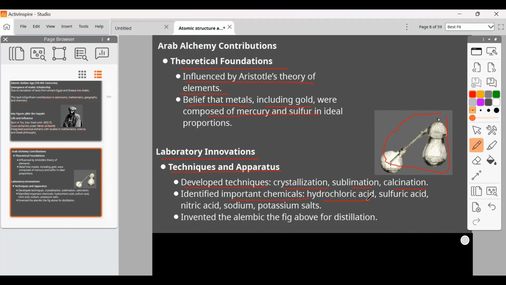Jabir ibn Hayyan is credited with the discovery of sulfuric acid, nitric acid, sodium and potassium salts. Jabir ibn Hayyan invented this alembic apparatus, and it is used for distillation. This alembic is called al-imbir in Arabic.